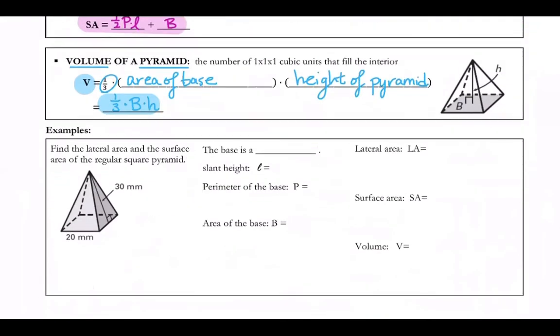All right, so an example here. Find the lateral area and the surface area of the regular square pyramid. So we know this is a regular pyramid, and we know that the base is a square.